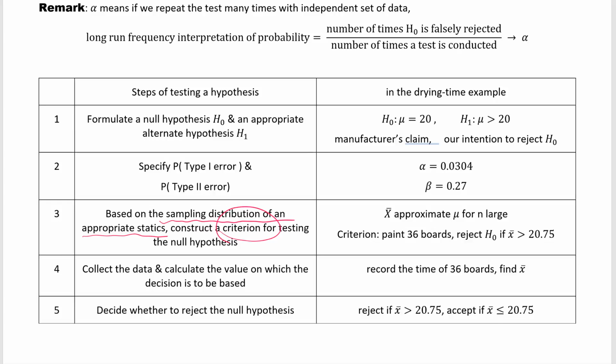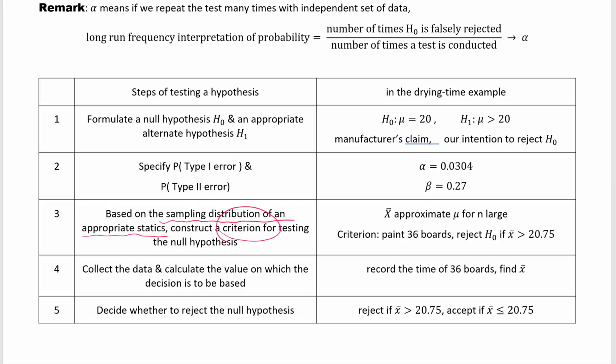Step 4, we collect the data and calculate the value on which the decision is to be based. We calculate the sample mean and the sample standard deviation, look at our criterion, and make our decision whether or not to reject the null hypothesis, whether or not to reject the manufacturer's claim.